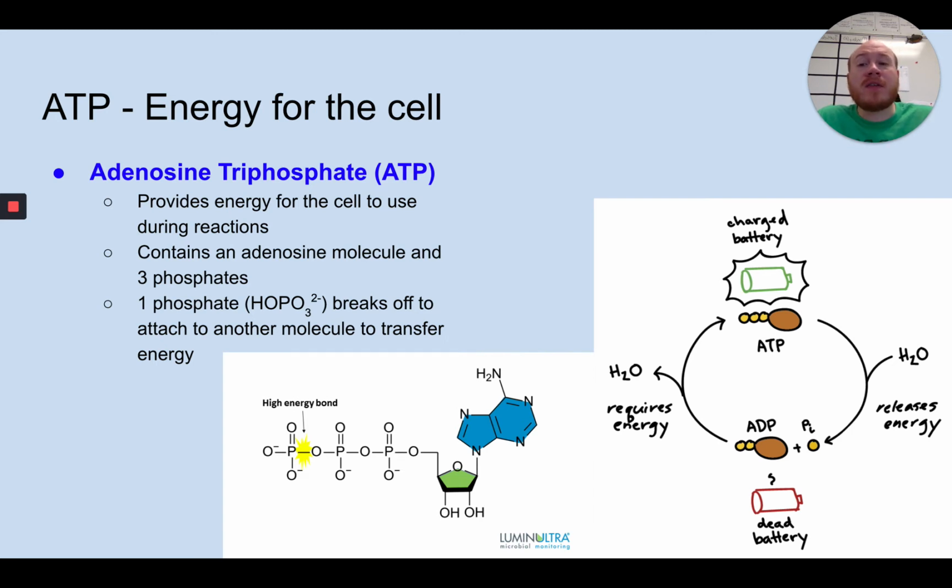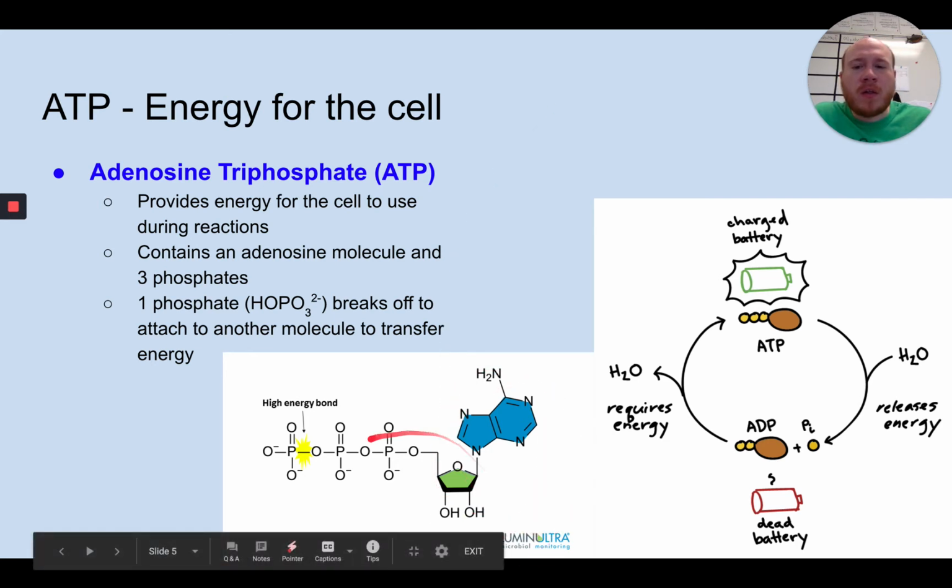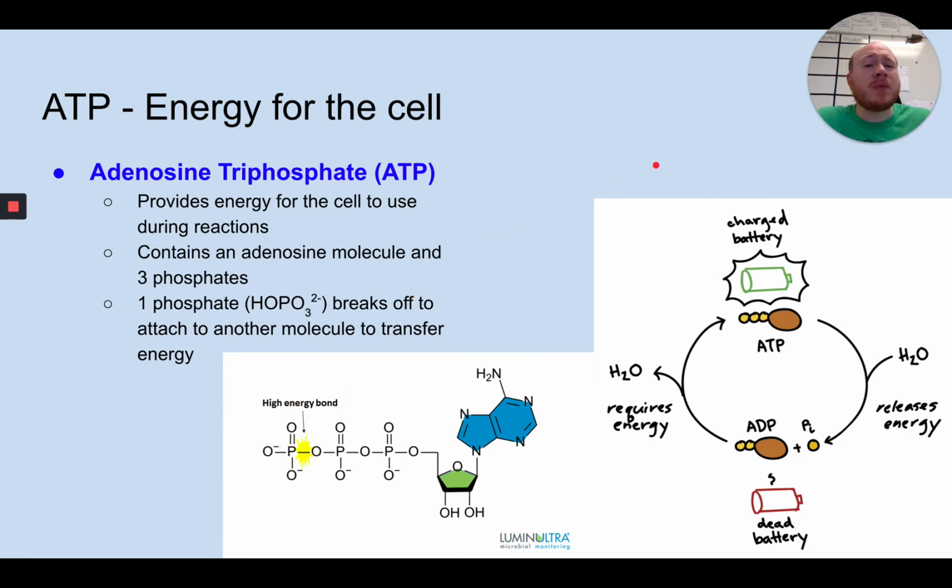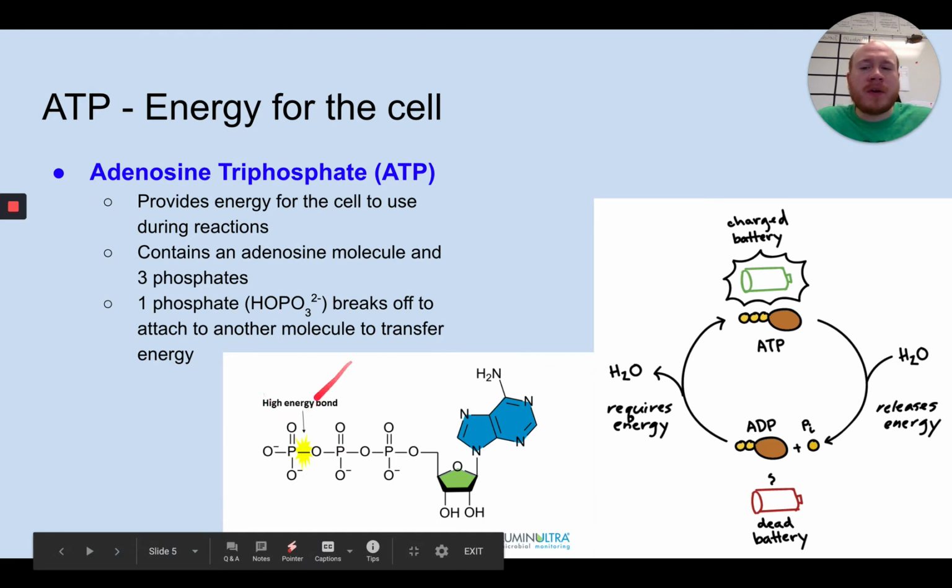And that's ATP, or adenosine triphosphate. ATP provides energy for the cell to use during chemical reactions. It contains an adenosine molecule, which is down here, along with 3 phosphate groups. Now, what happens with ATP is one of the phosphate groups, because there's a lot of energy between these bonds that make it very unstable.